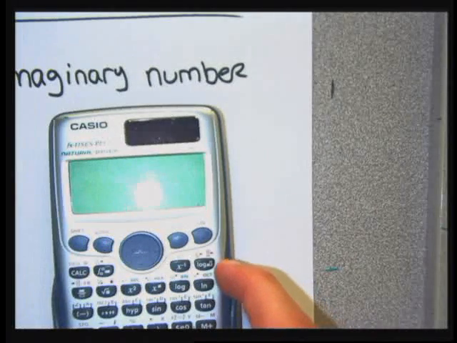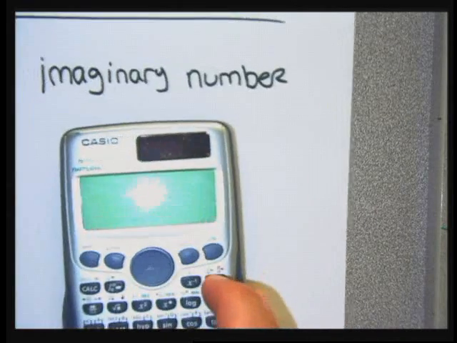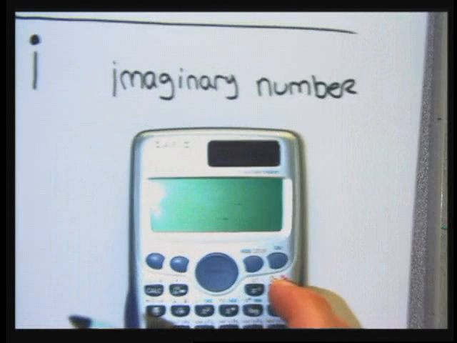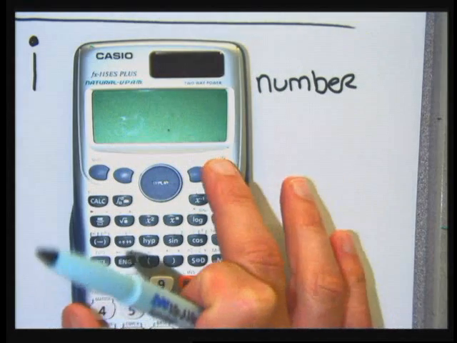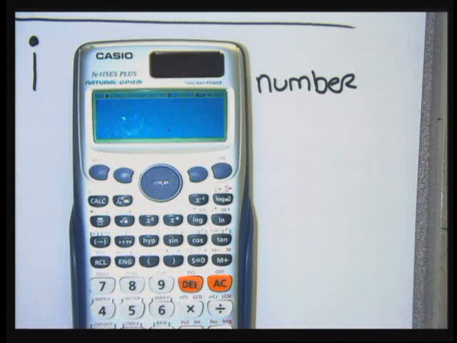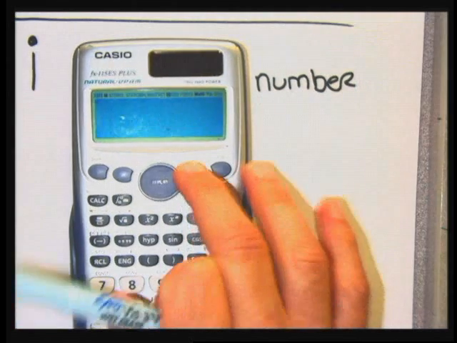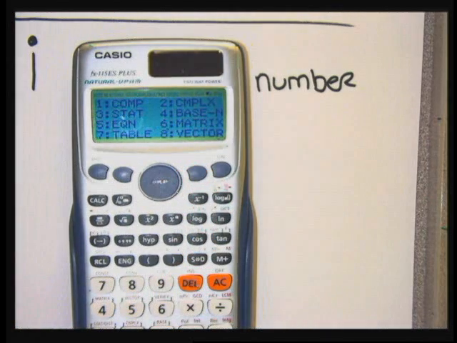So I'm going to get my calculator ready to work the problems in this section. I turn my calculator on, I hit the mode button, and then I select option 2 that says complex.